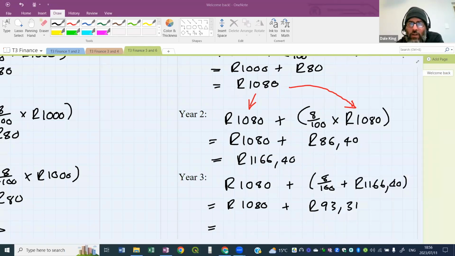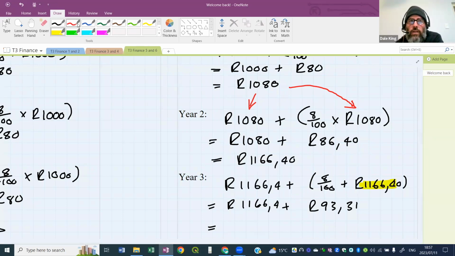All right, see what I'm doing here? I'm redoing the calculation. In fact, I've made a mistake. This shouldn't be 1,080. This should be 1,166.4. Okay, and when I do the interest calculation this year, it's on the previous year's total.